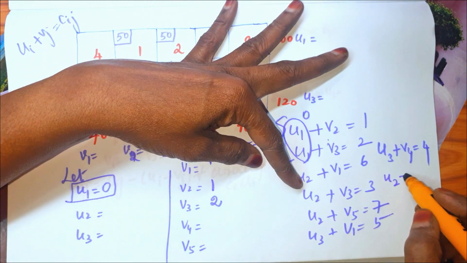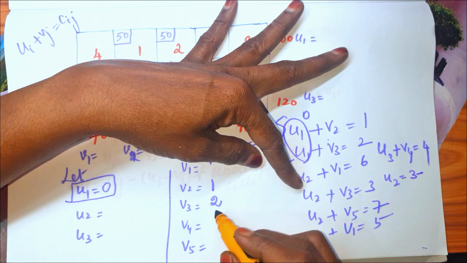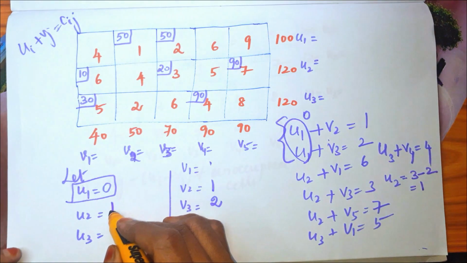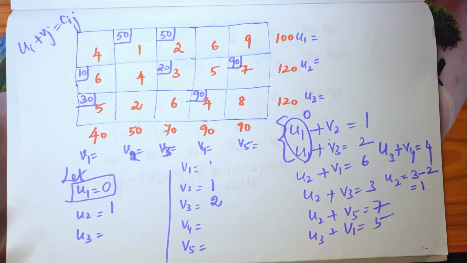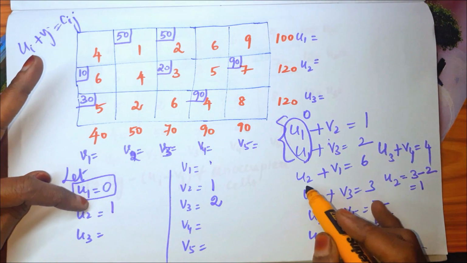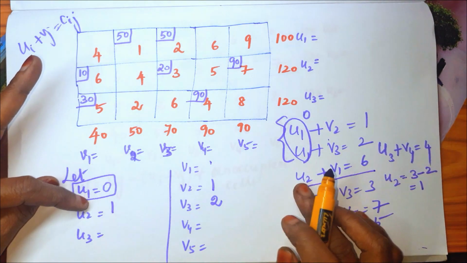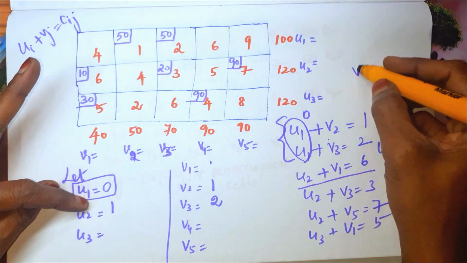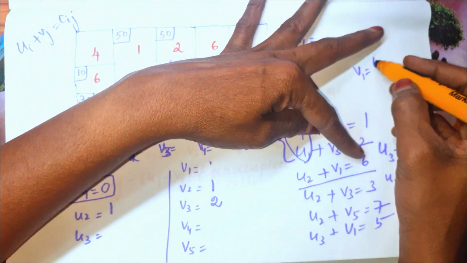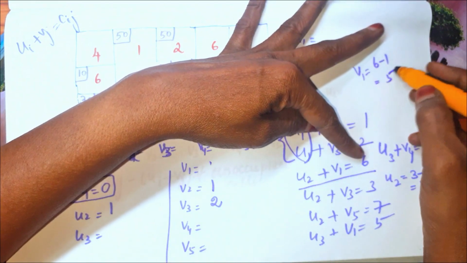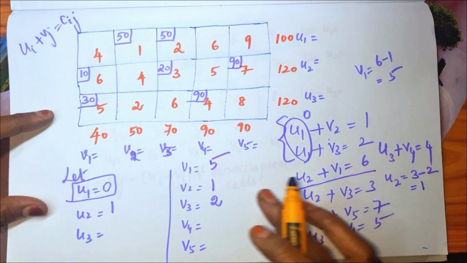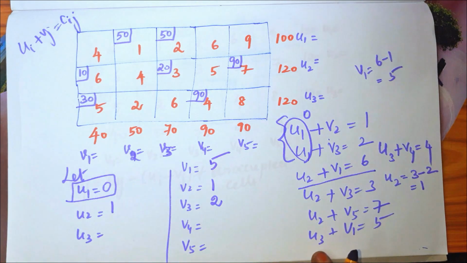So U2 is equal to 3 minus V3. V3 is 2, so it is 1. U2 is equal to 1. After getting that, I can substitute U2 here. So this is 1. V1 is equal to 6 minus 1, which is equal to 5. After getting V1, I can substitute here.